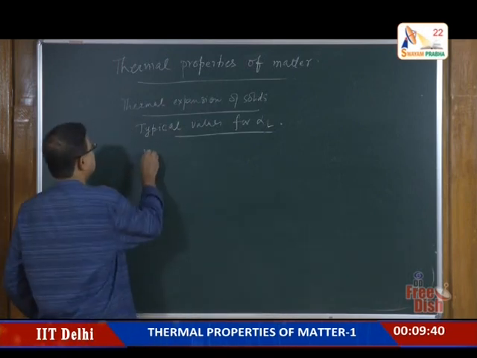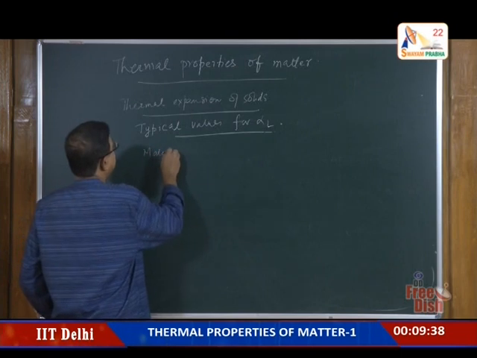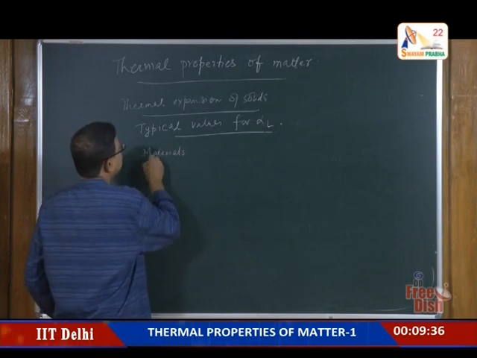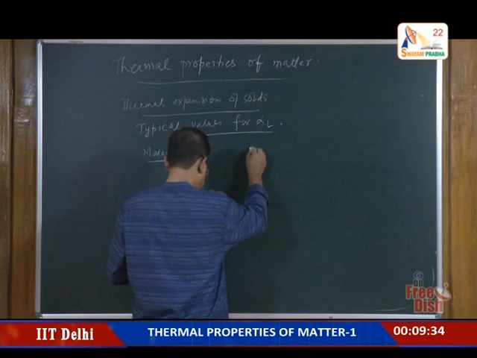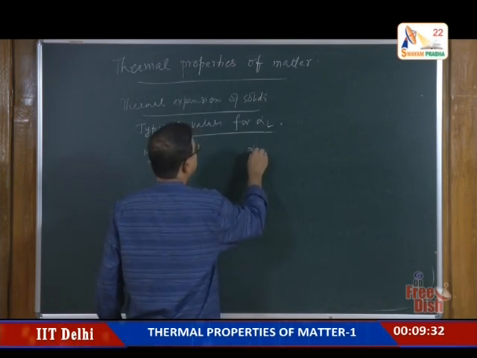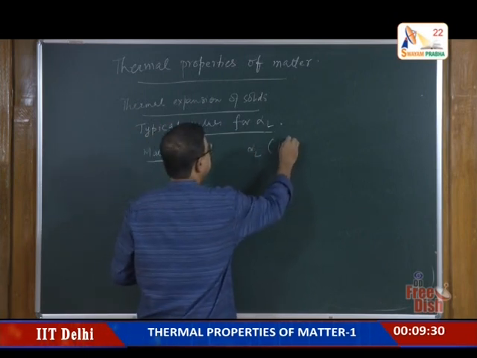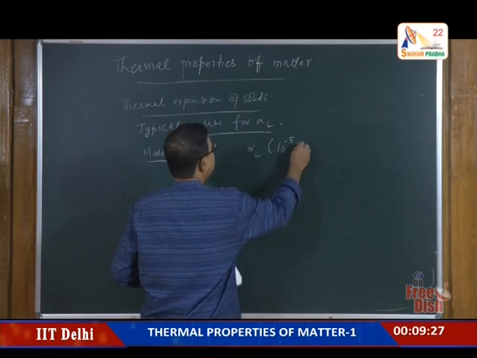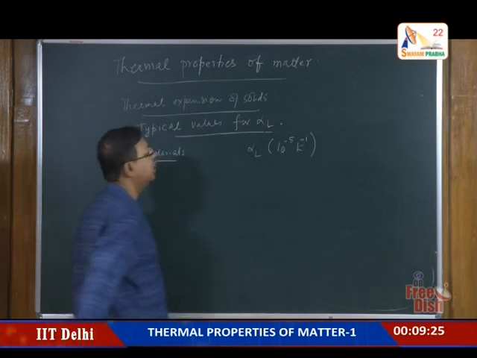So these are the list of materials. Now we are talking about solids. So this is the alpha L. This is in 10 to the power minus 5 Kelvin inverse.